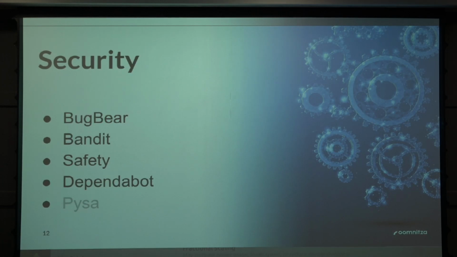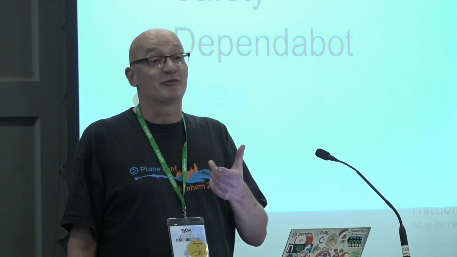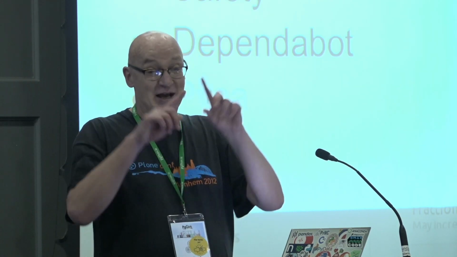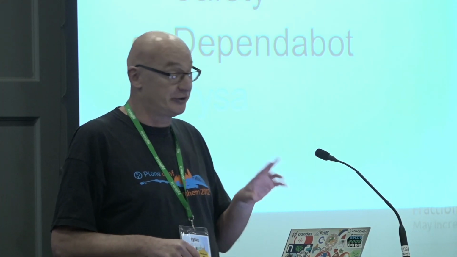Bugbear is not so much geared at security, but it will point out some common mistakes. So if you ever had a default value for a variable in the function call, an empty list, Bugbear will catch that and tell you not to do it, and actually tells you also why not to do it.